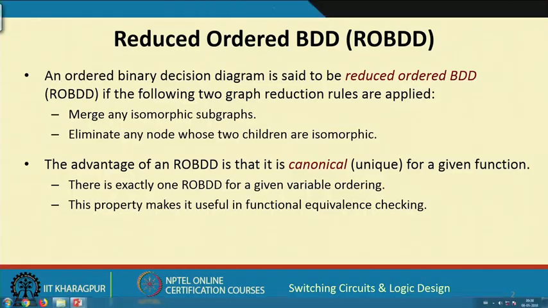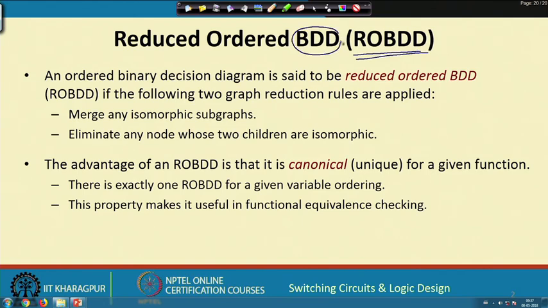Today, we talk about functions with 100 variables and even more. So, we just cannot represent a binary decision diagram in the conventional way. We need some rules for reduction. Let us see. So, a reduced ordered BDD, that is what we call, this is referred to as ROBDD. Well, we know what is a binary decision diagram.